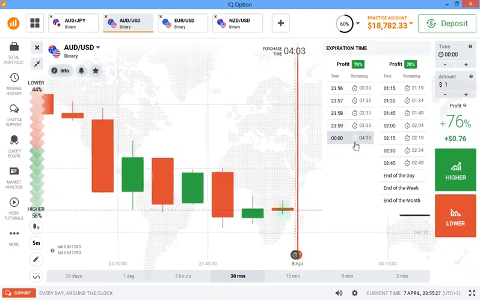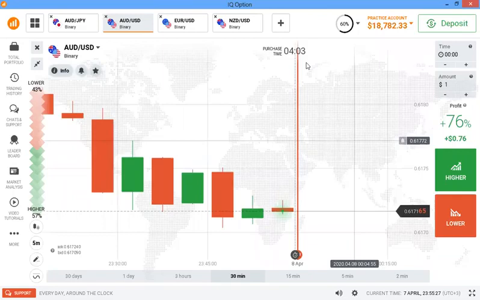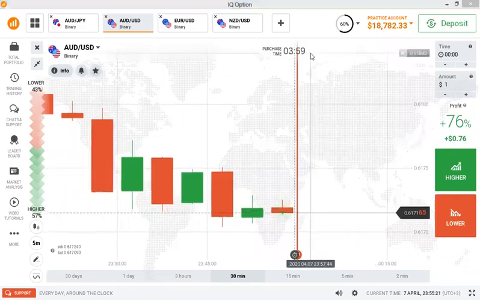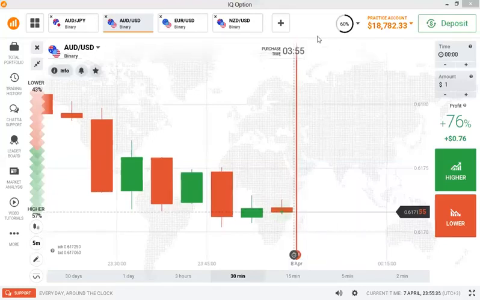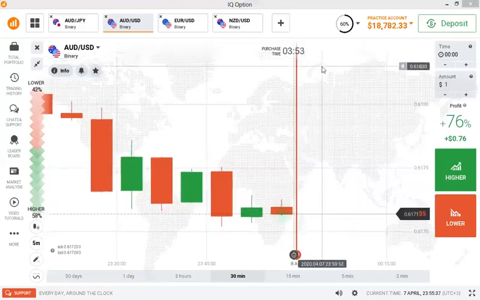That means when you set your time to 00, look at the time. The time should not exceed 5. It should be below 5 when the time is counting.